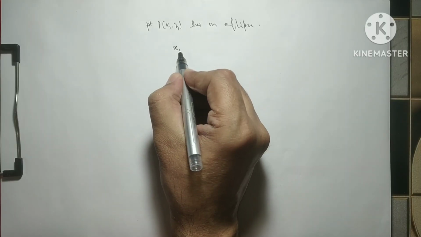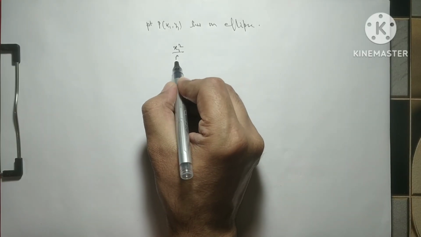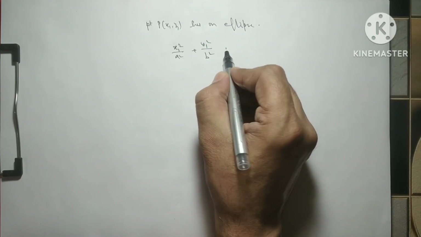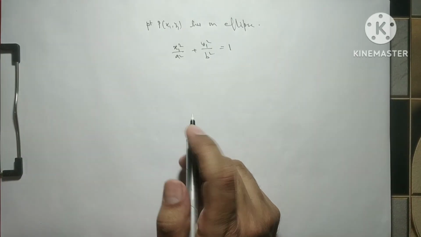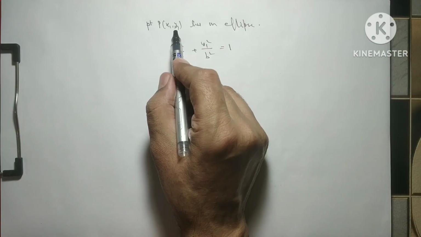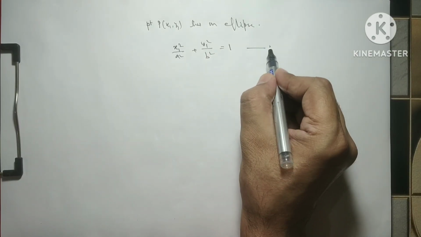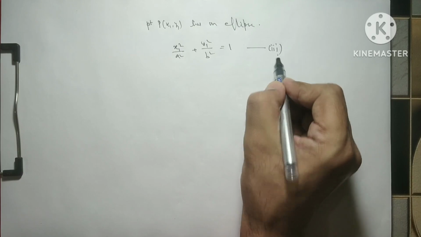So the equation x1 square over a square plus y1 square over b square is 1 when you put this point in the equation of the ellipse. So this is the third equation.